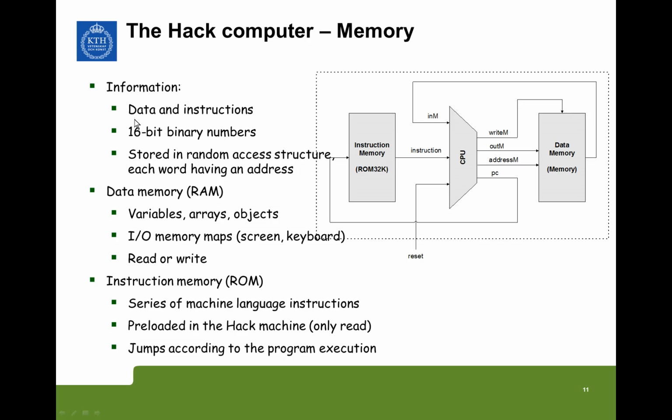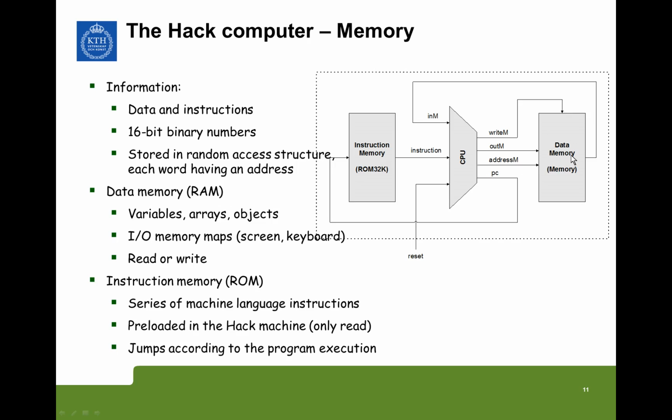Okay, so in the memory we store data in the data memory and instructions in the instruction memory. Both of them are 16-bit binary numbers. Both of them are stored in a random access structure, which means that each of the words in the memory has an address and can be read.